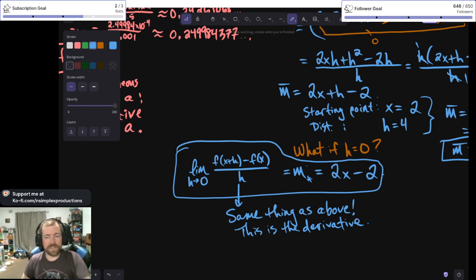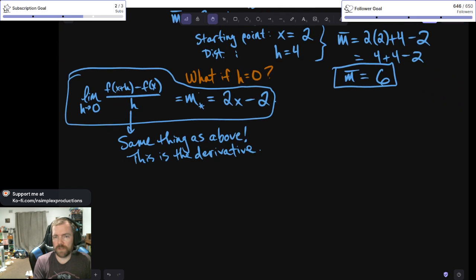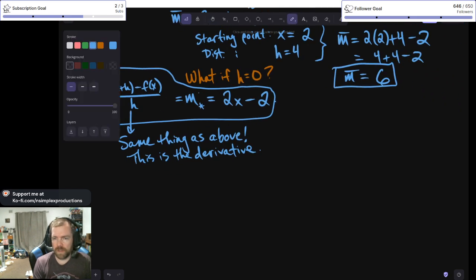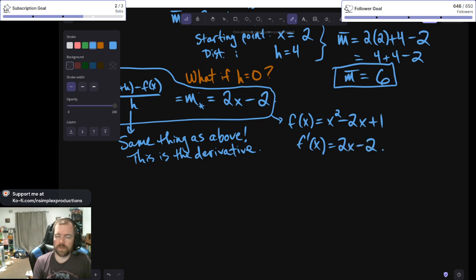This is the derivative. That's pretty awesome. So the derivative of, again, this was x squared. So if f of x equals x squared minus 2x plus 1, f prime at x was equal to 2x minus 2.